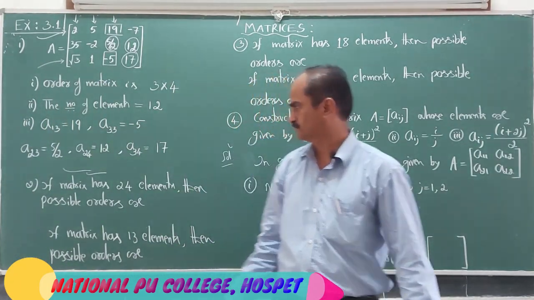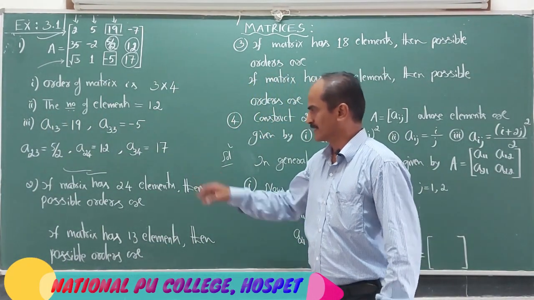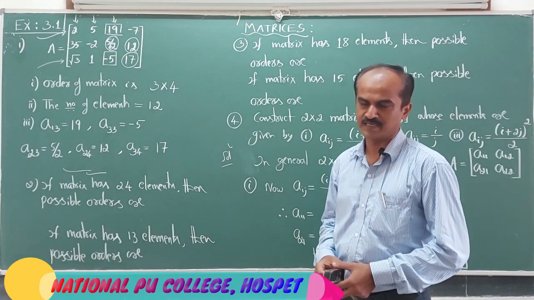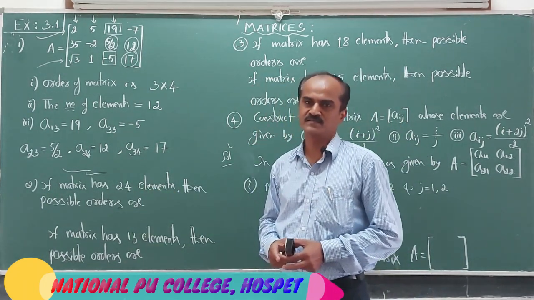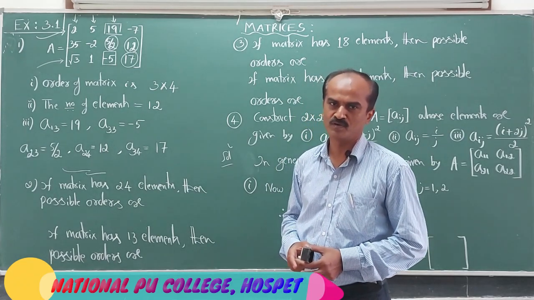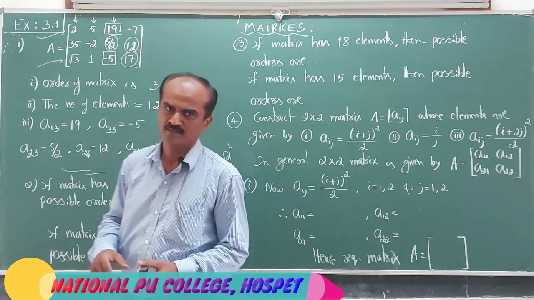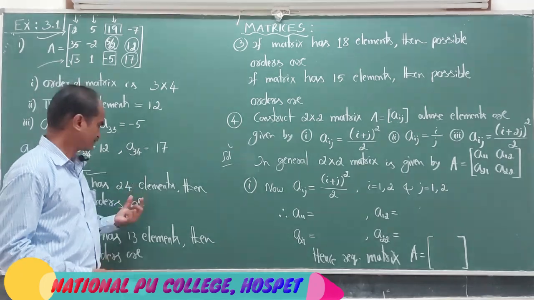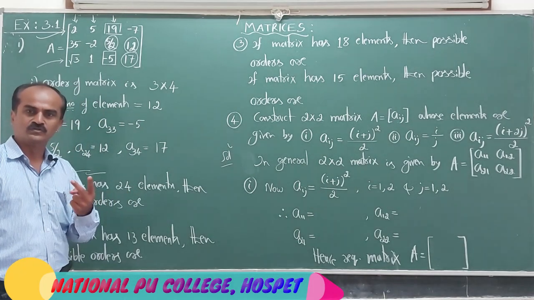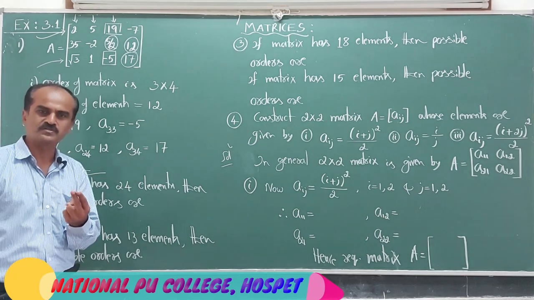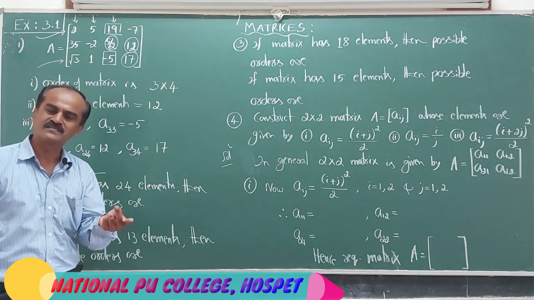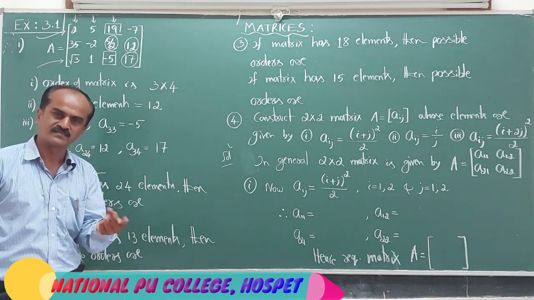Next question. They are given a matrix and they said this matrix has 24 elements, then what are the possible orders of the matrices? How to find it? We have to find two natural numbers in such a way that their product gives us 24. That itself is the possible order of the matrix.